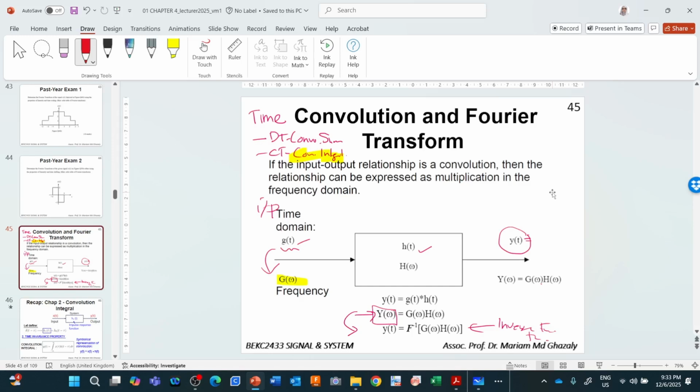If you remember from chapter 2, we have H(t), which we call the impulse response.